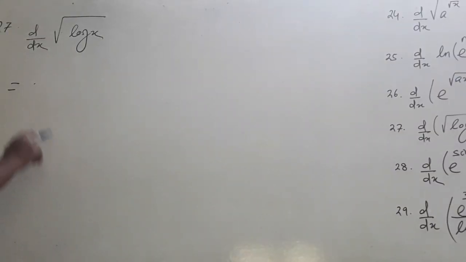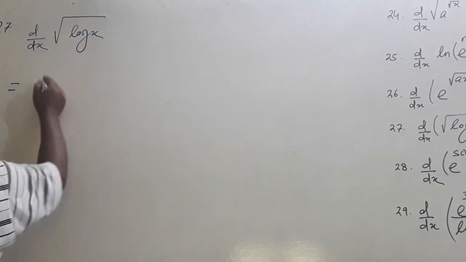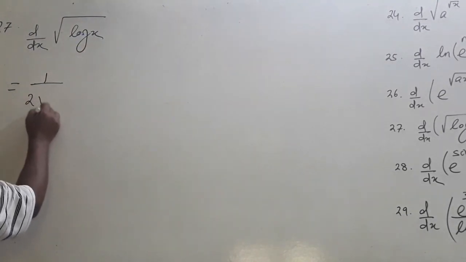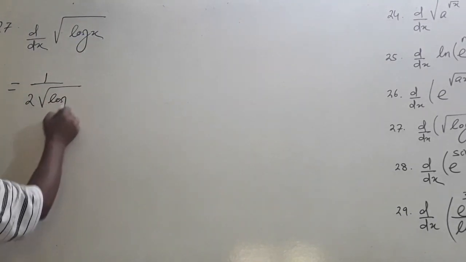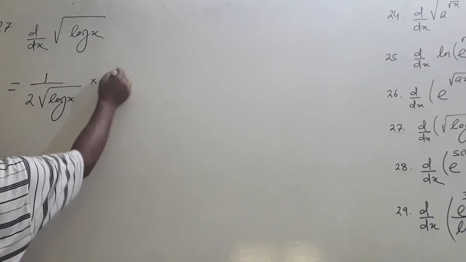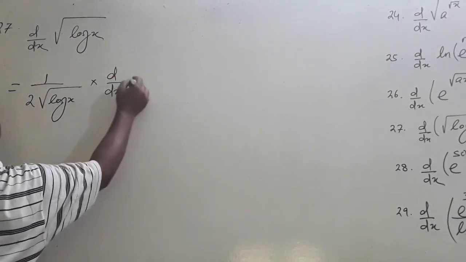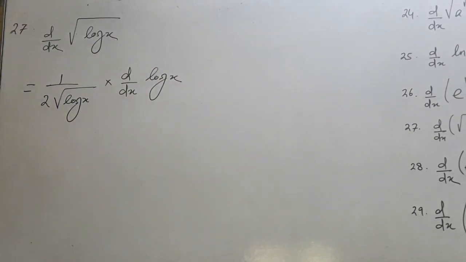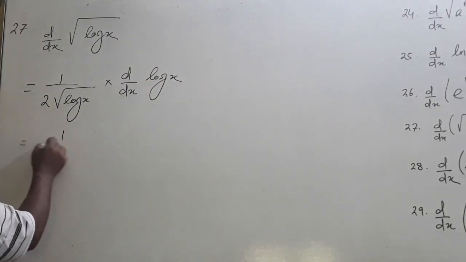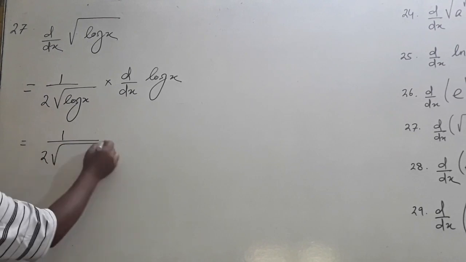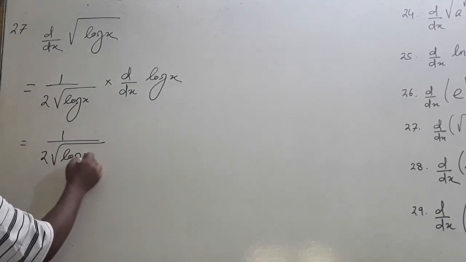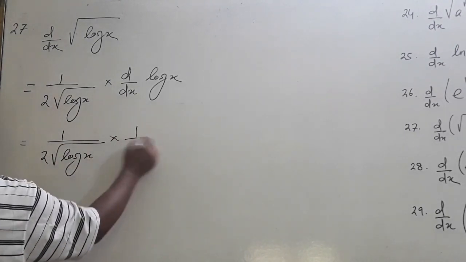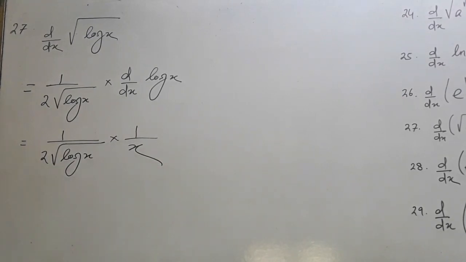Now you know the root over root box is 1 by 2 root box, into d/dx of log x. Log x means you should think it is base e. 1 by 2 root of log x into d/dx of log x. It is 1 by x.